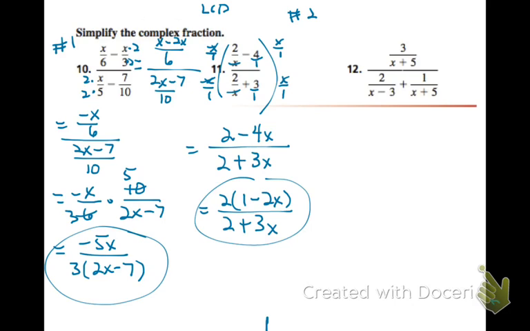So I look at all my denominators, x plus 3, x minus 3, and x plus 5. My least common denominator needs to have both of those terms. So it will be x plus 5 times x minus 3. All right.